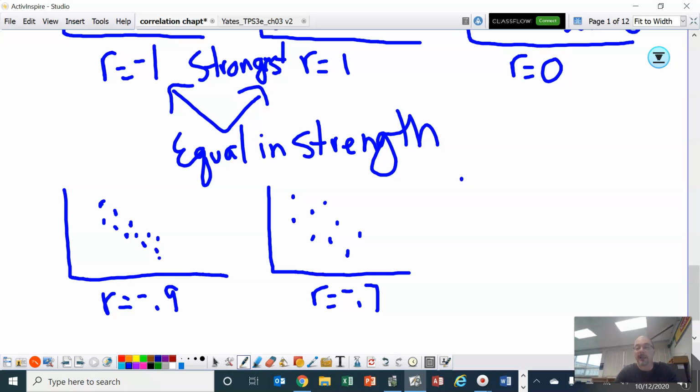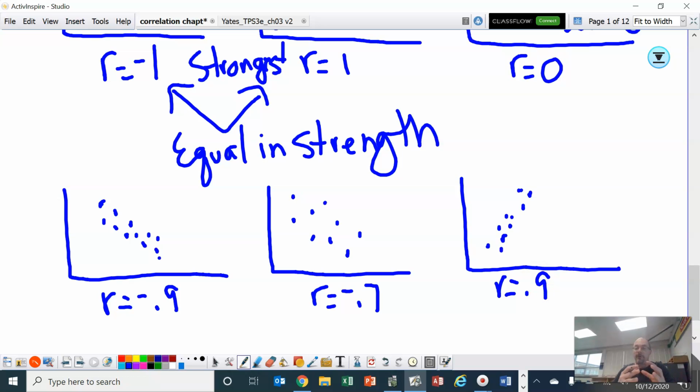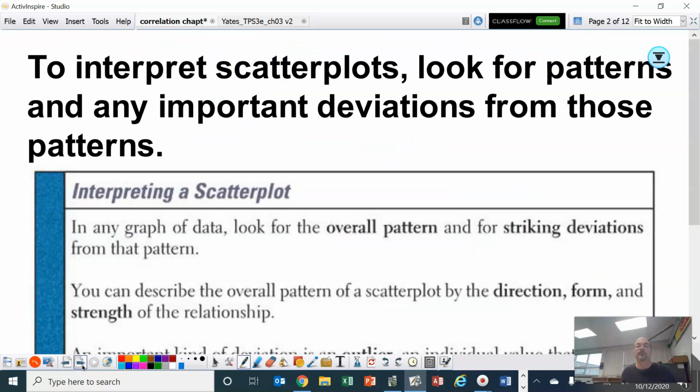Same thing with the positive. If the dots are fairly close together rising, then that R might be like a 0.9. The further apart they get, the closer they get to 0. We have a way of actually measuring those things with the calculator. The calculator will do that, but you have to have an idea of what those scatter plots, what those dots look like.